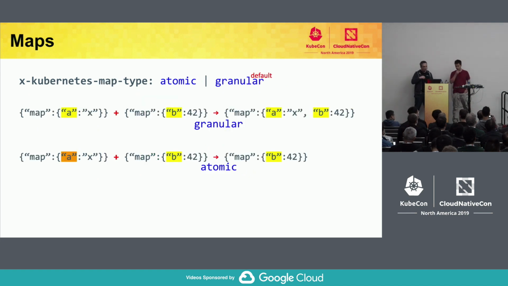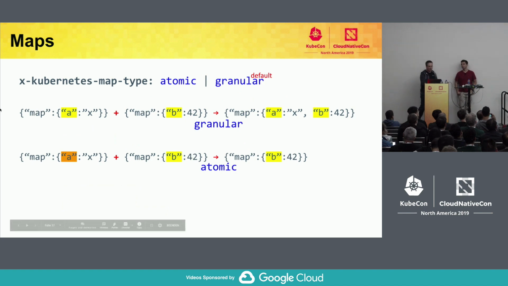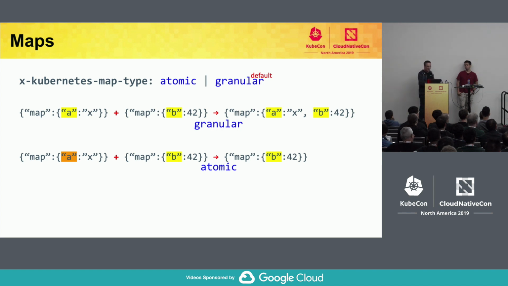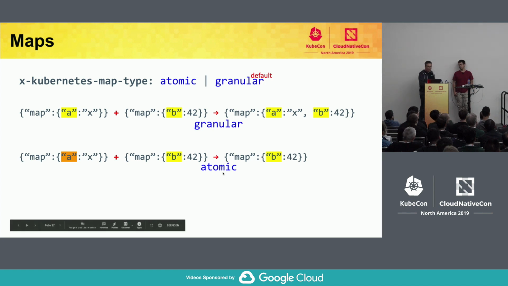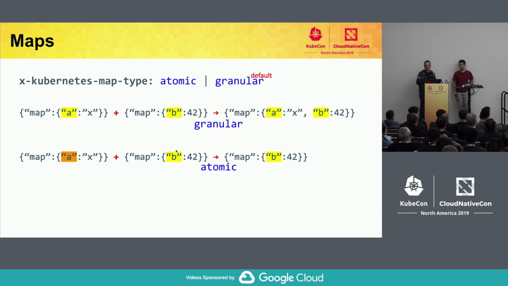When you update, for example, here on the left side, we have a map where A has a value x, and I update it with B 42, then by default, those are merged. So granular is a keyword here as a type, those are merged. If you change it to atomic, you want an atomic map, it's a replacement. Then if a map is atomic, it behaves like a slice, like an array.